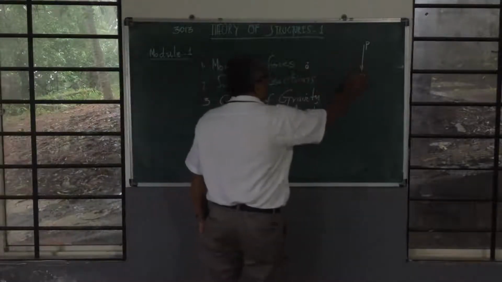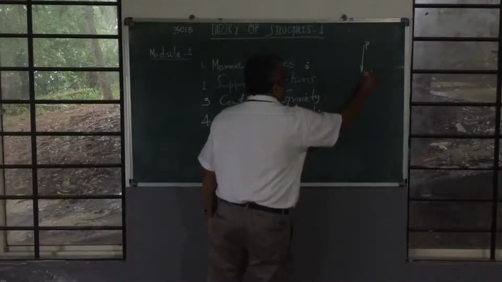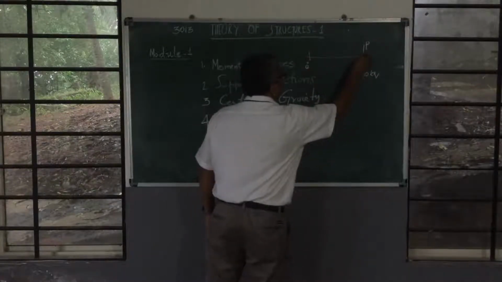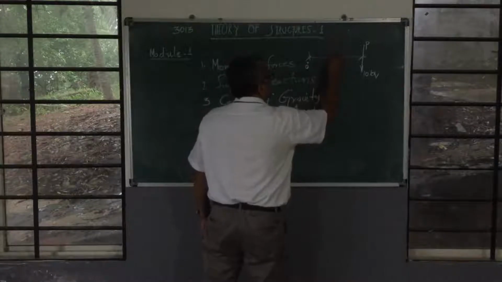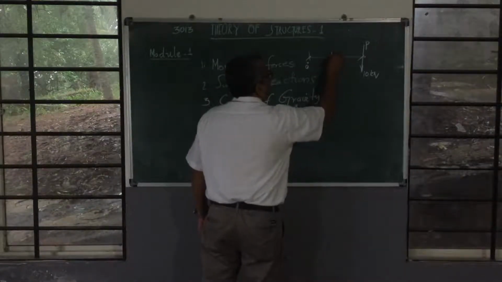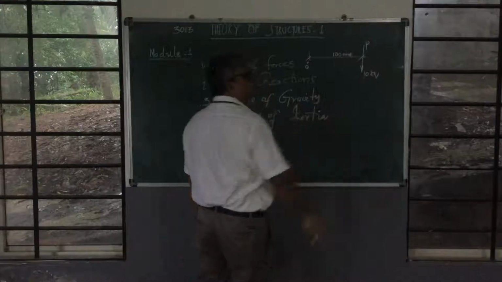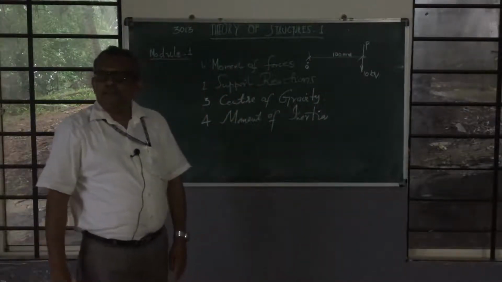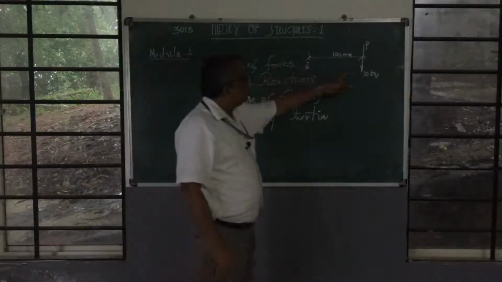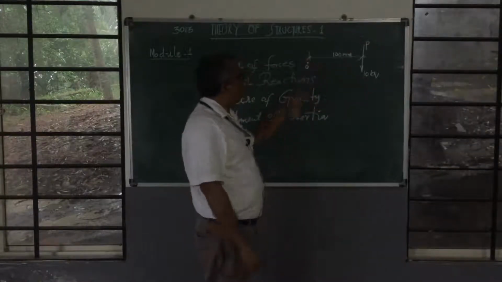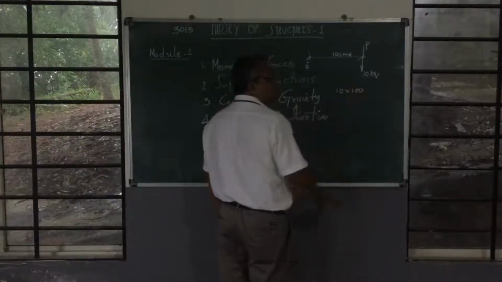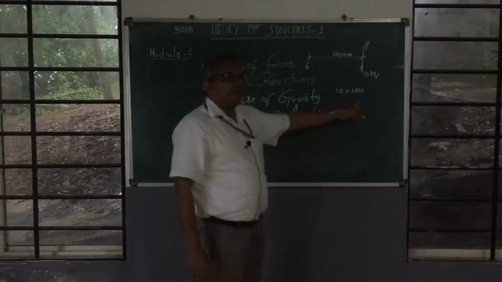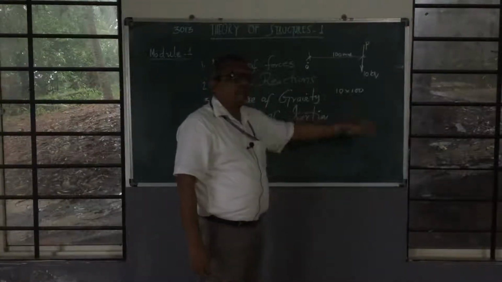The magnitude of the force P, suppose it is 10 kilonewton, and the distance from that force to the point O is say 100 mm, then what is the moment? Moment of this force P, or 10 kilonewton, about the point O will be equal to force into distance, that is 10 kilonewton into 100 mm. So, the unit will be kilonewton millimeter.